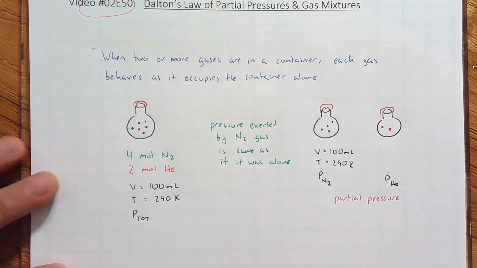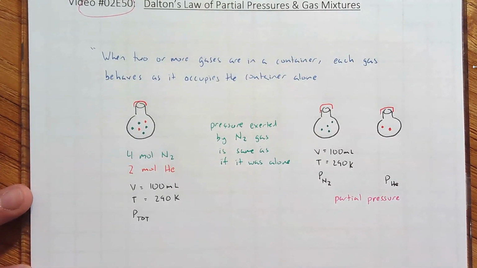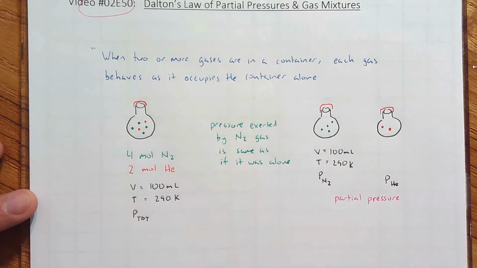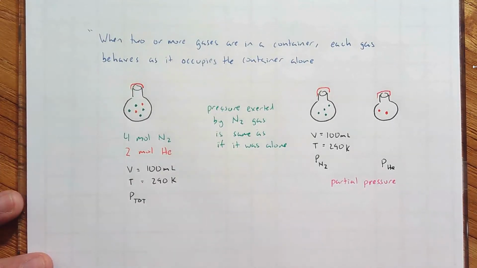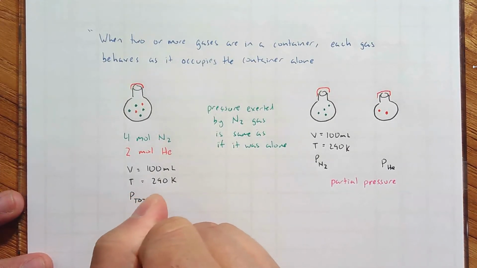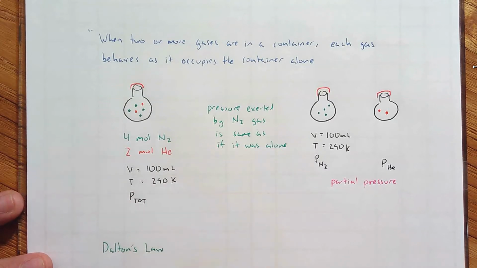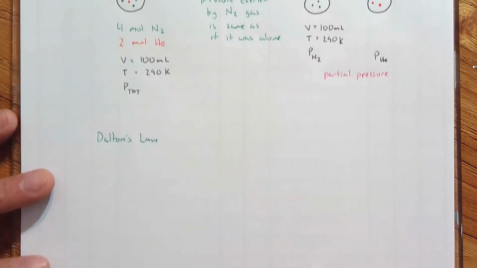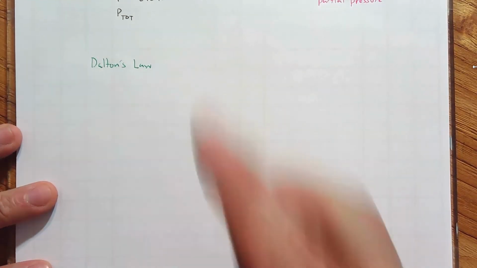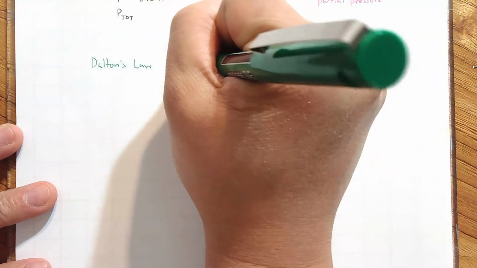Dalton said that if you can figure out what contribution each gas makes to the total pressure, then you have this equation, which is Dalton's law. Dalton's law is simply P total.